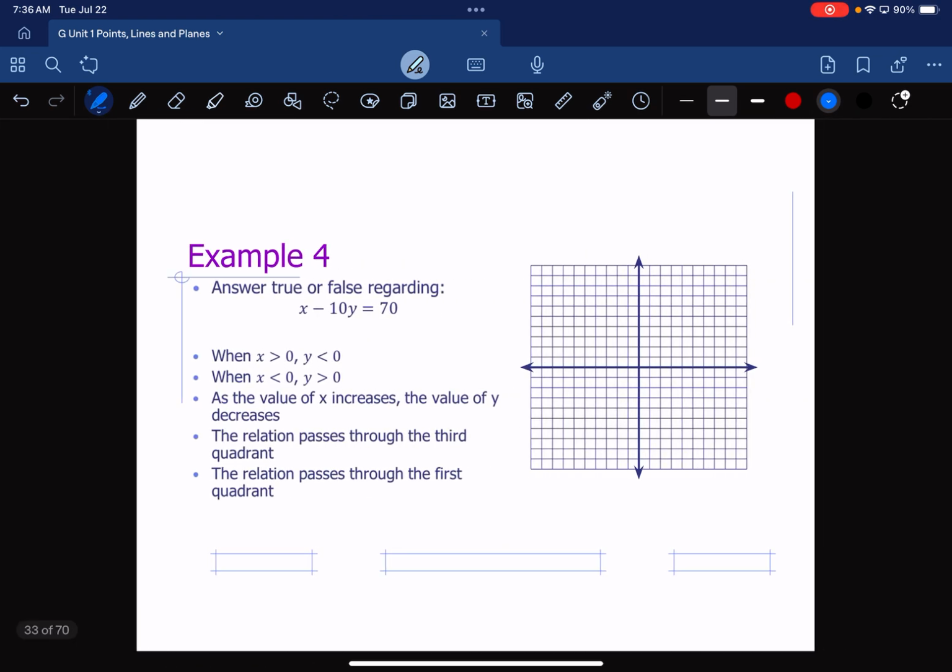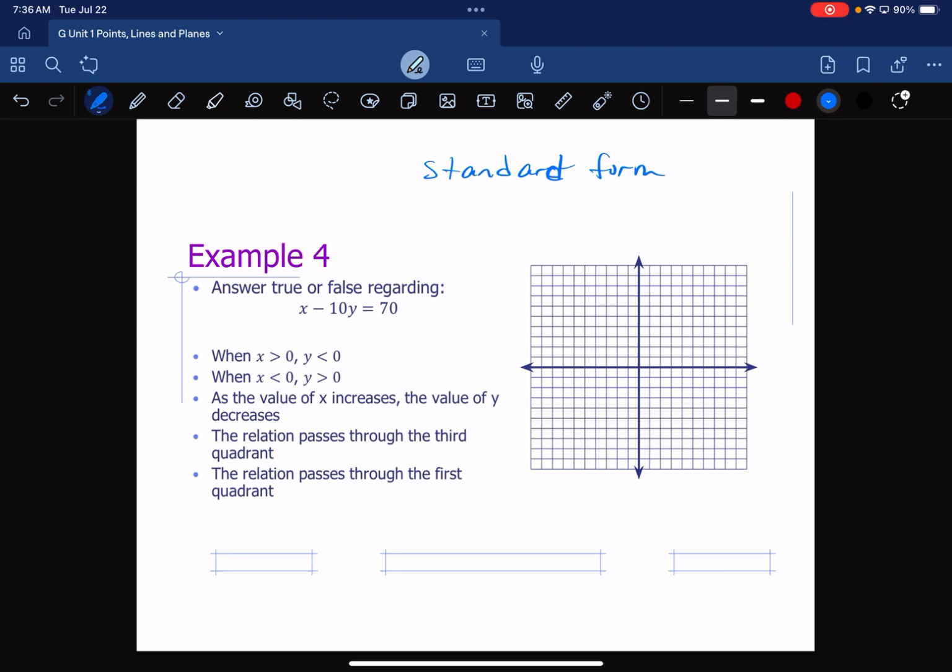Be a good math student. So here's some tricky questions you can answer. So answer true or false regarding that equation. Well, that equation, it's in standard form. So to graph that, because that's the best way to do this problem, I'm going to remember that for standard form, I'm looking for the x and y intercept.